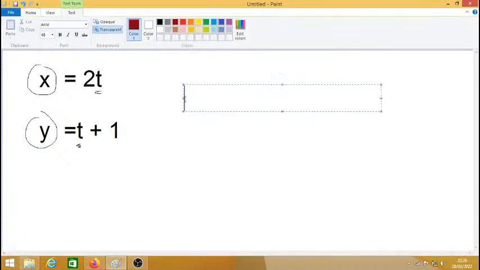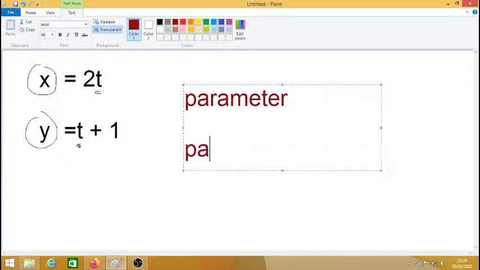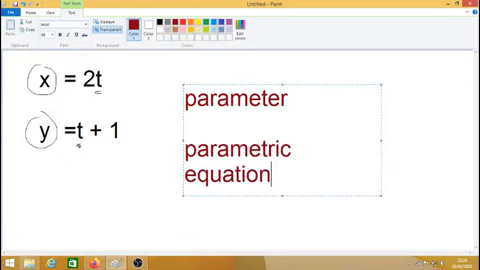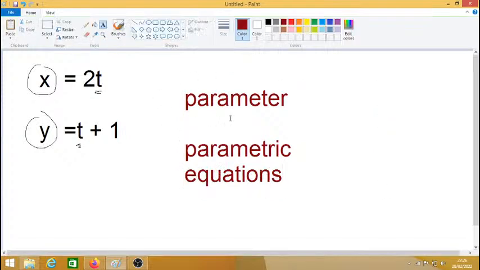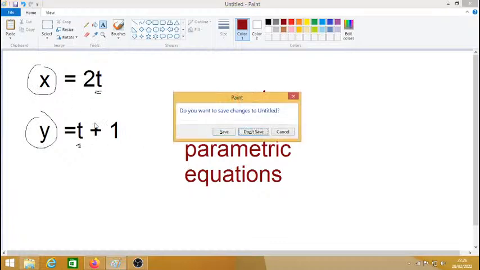When we link the x and the y to a third variable, that third variable is called a parameter, and this pair of equations are called parametric equations. Parameter just means a third variable, and parametric equations means both equations have got this third variable in.